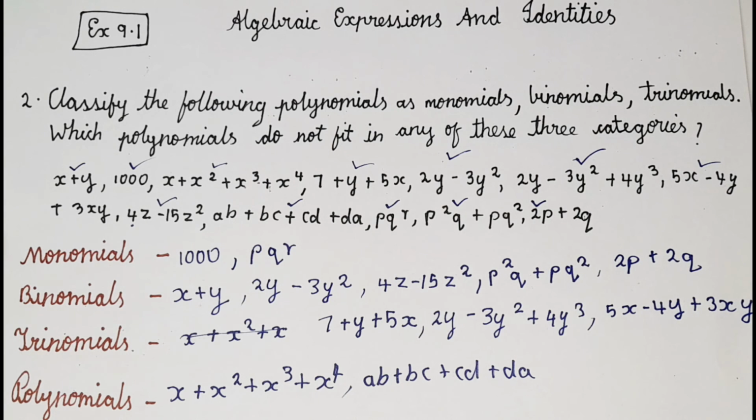Terms are split by some mathematical operation like plus, minus, multiplication, division, etc. So monomial one term, binomial two terms, trinomial three terms and polynomial 4 or more terms, okay. So this is the answer for this question.